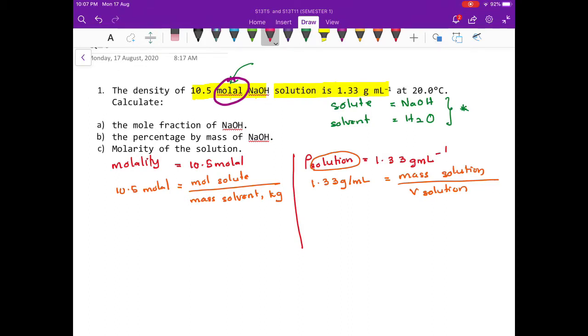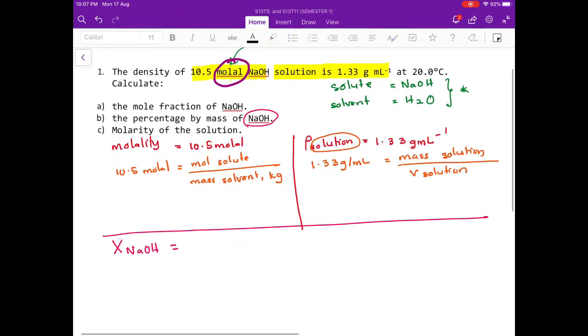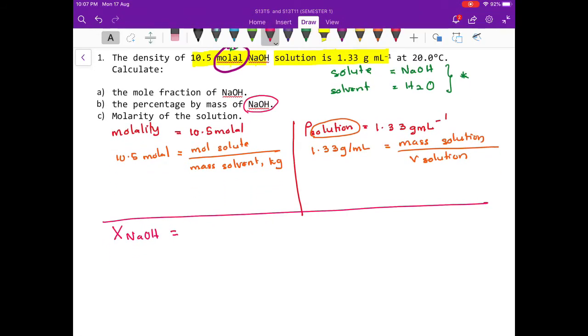What is the formula for mole fraction of sodium hydroxide? The symbol is X NaOH, which is the number of mole sodium hydroxide over mole total, where the total is the number of mole sodium hydroxide plus the number of mole water.